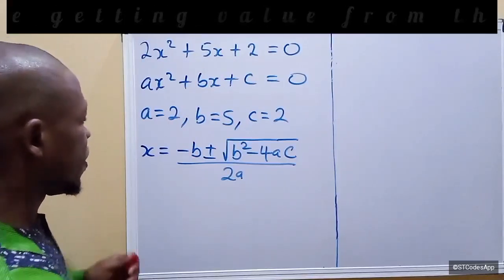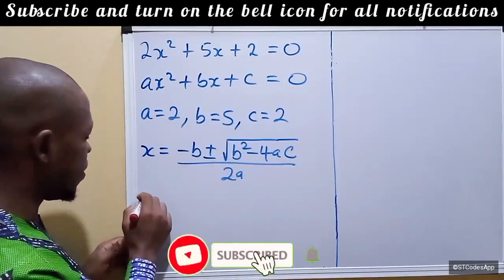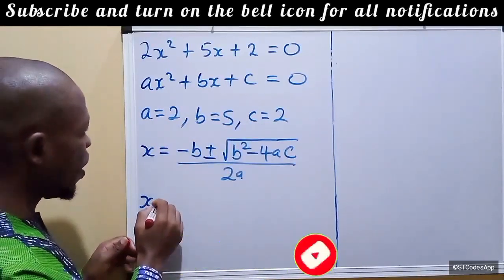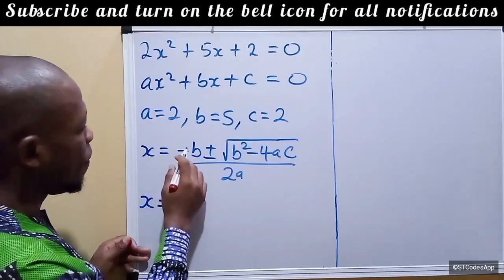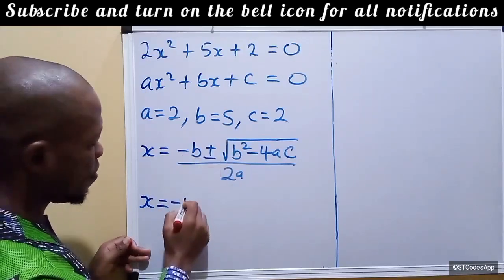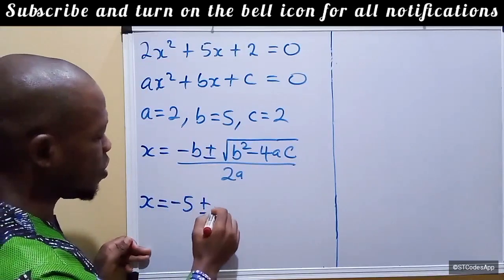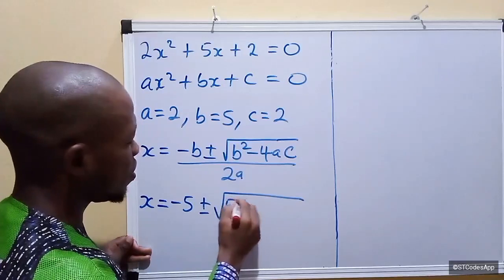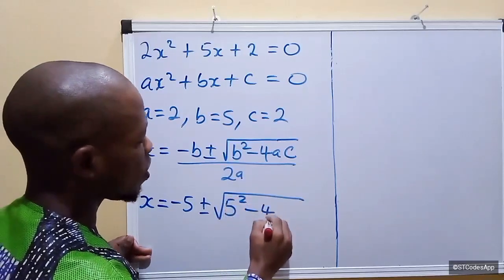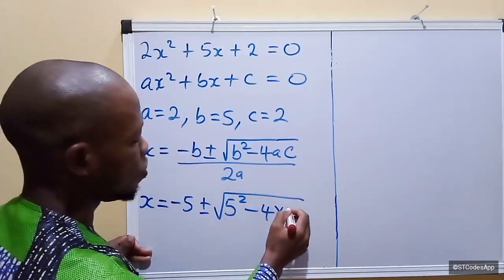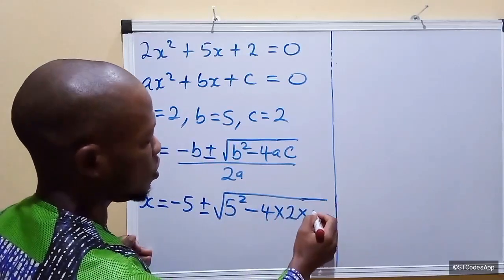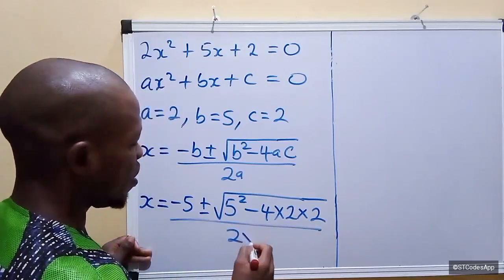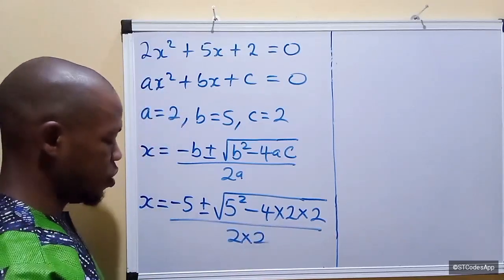And then let's apply the different constants we have here. So x is equal to minus b is 5, so we have minus 5 plus or minus the square root of b squared, that is 5 squared, minus 4 times a is 2, and c is as well 2, all over 2a, and a is 2, so we have 2 times 2.